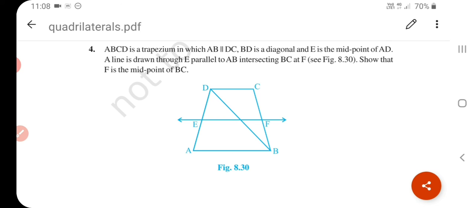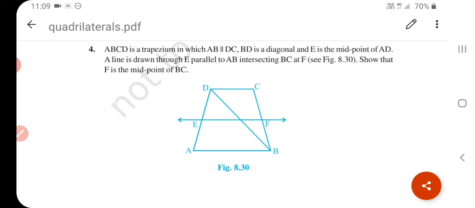If ABCD is a trapezium, then you know that AB is parallel to DC. BD is the diagonal of a trapezium. Now, E is the midpoint of AD, and that line is drawn through E parallel to AB, intersecting BC at F, such that EF is parallel to AB.